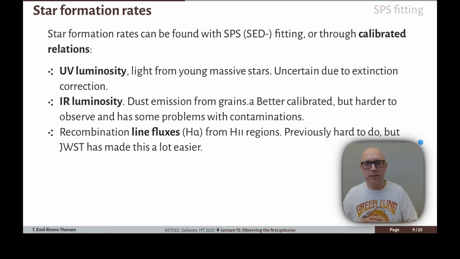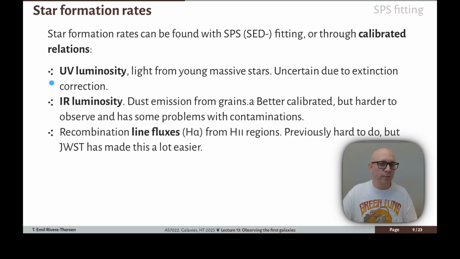So SPS fittings can be used to, among other things, find the star formation rates, both current but also in the past. Or we can also use what we call calibrated relations, which are basically just statistical relations where we know that there is a large spread, but for example, UV luminosity is a good tracer of star formation rate. So if we can measure the UV luminosity, then we can get a best value of the star formation rate and a certain error bar.